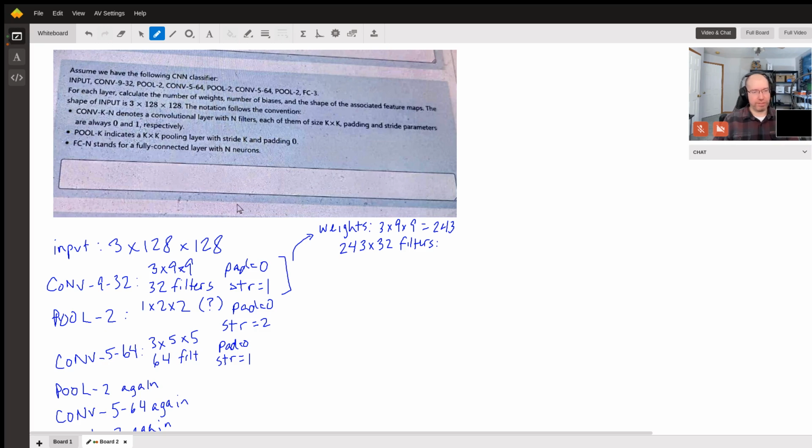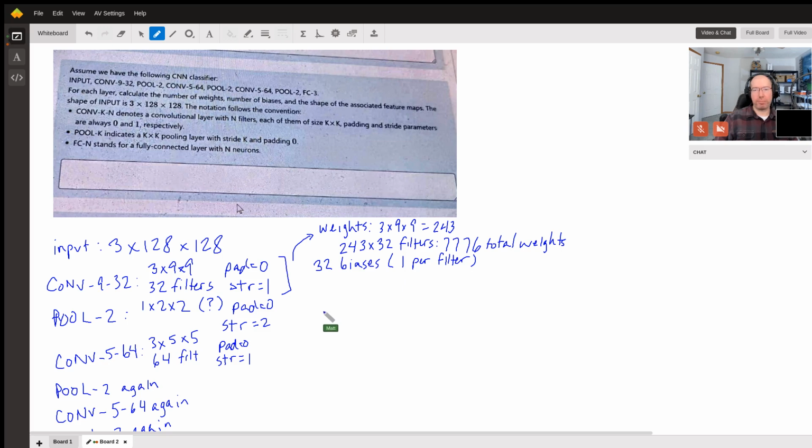So that's 7776, it looks like. So that's total weights. And so there's 32 biases. It's one per filter.